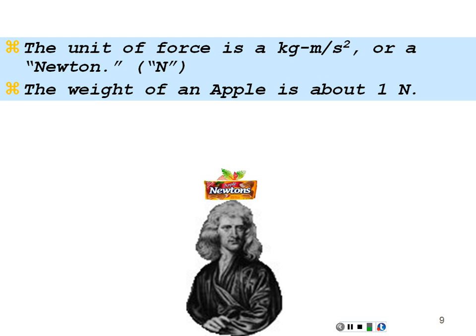It kind of kills two birds with one stone, the apple and the Newton. I used to say fig Newtons was a weight of about 1 Newton, but I actually weighed one of these things. Fig Newtons are a little bit bigger than the apple Newton package, and it actually weighs closer to 2 Newtons, so I can't use fig Newtons. But apple Newtons is even better, so we'll use that. And they get smaller and smaller as the economy gets a little bit rougher.